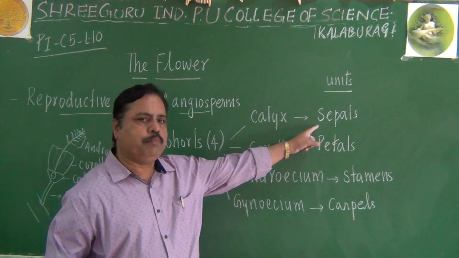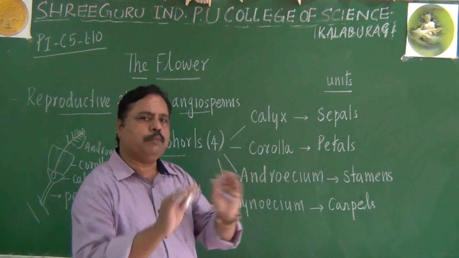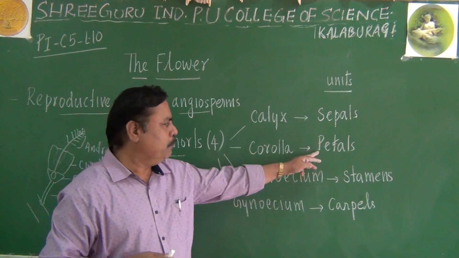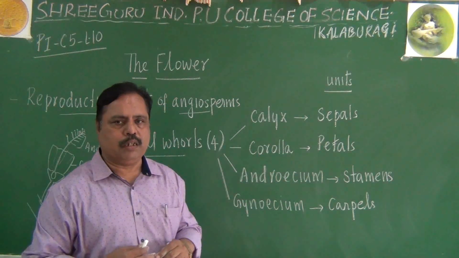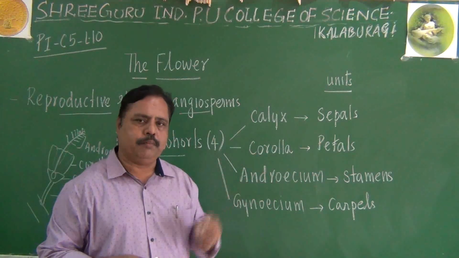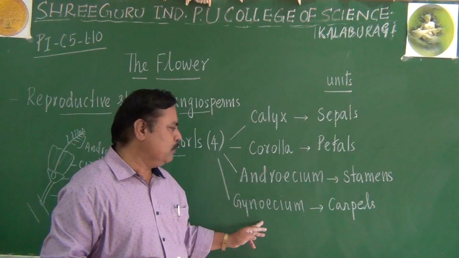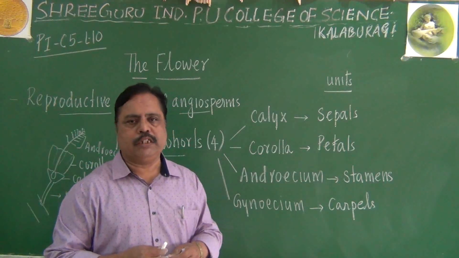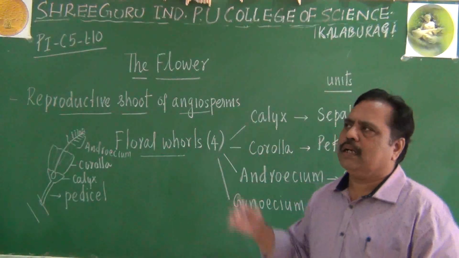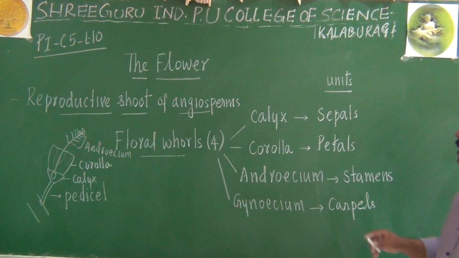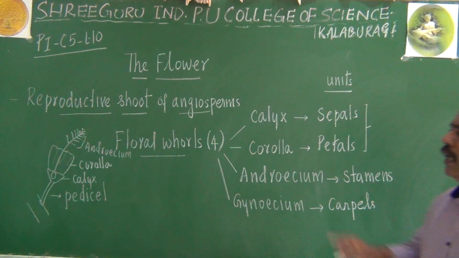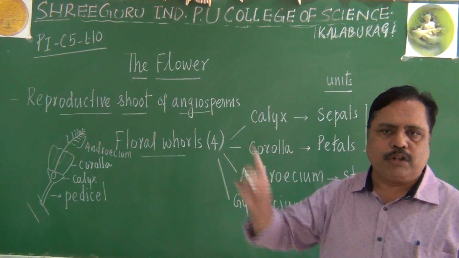the calyx unit is the sepals. Many sepals join together to become the calyx. Many petals join together to become the corolla. A group of stamens forms the androecium. A group of carpels forms the gynoecium. Remember this point. What is the importance of sepals, petals, androecium and gynoecium? Please listen. The sepals and petals are not directly involved in reproduction.